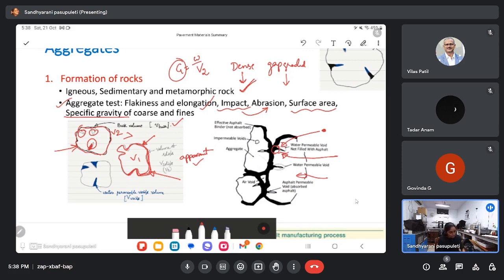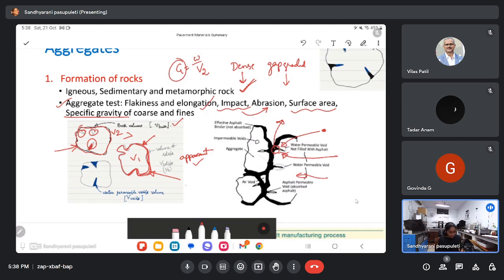So in order to understand this volume, we need to know the amount of binder that is being absorbed onto the aggregate surface. But nobody can tell how to calculate the amount of bitumen absorbed by the aggregate. We do not have a procedure for that. That is the reason why we cannot calculate the effective specific gravity experimentally.